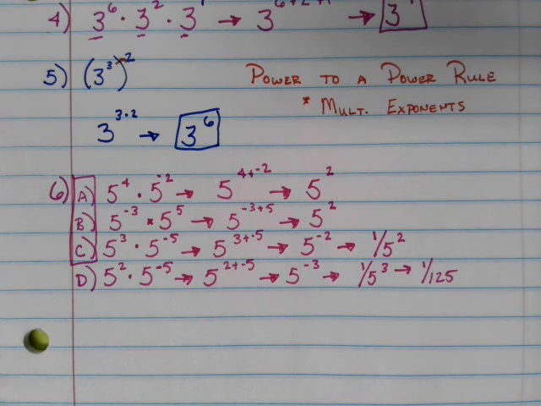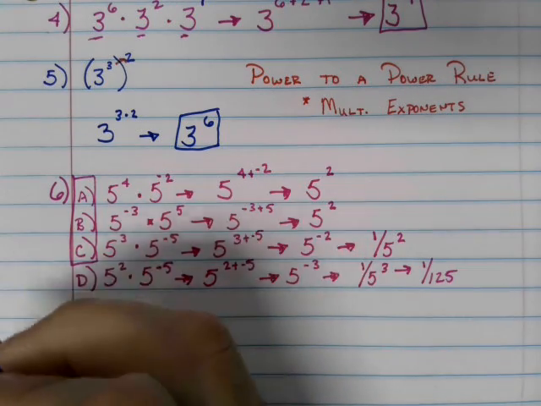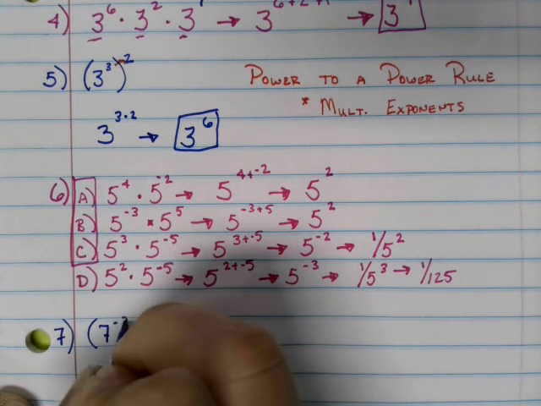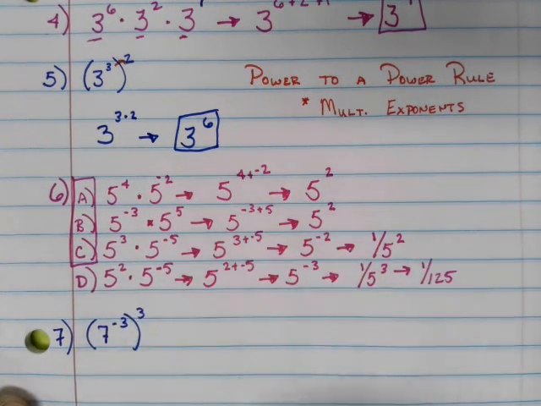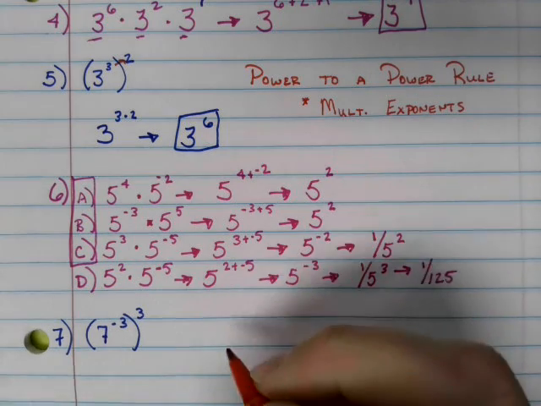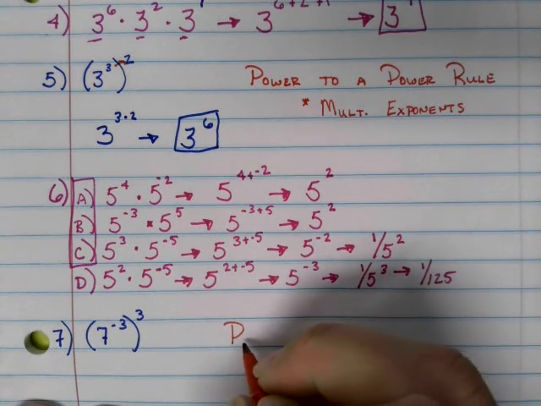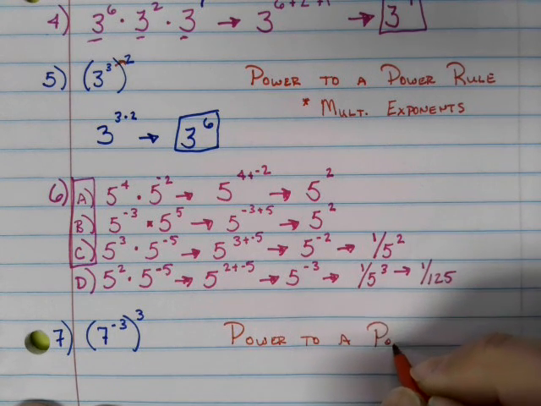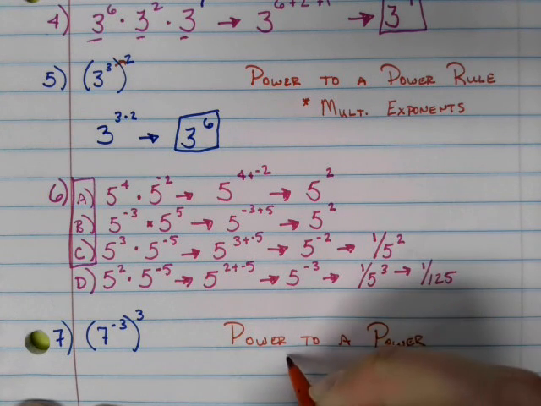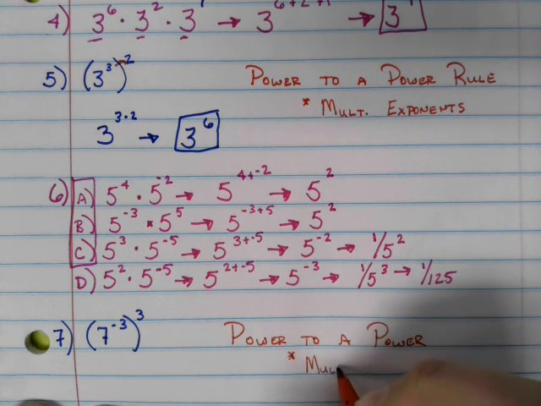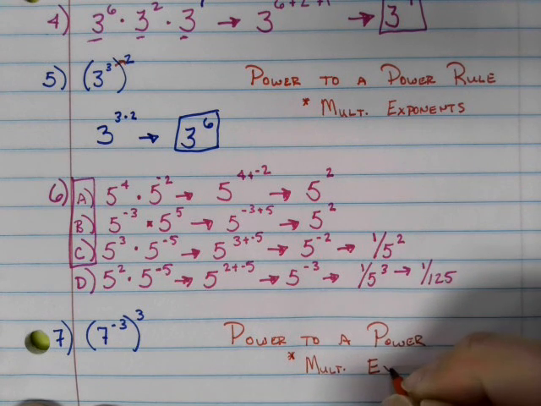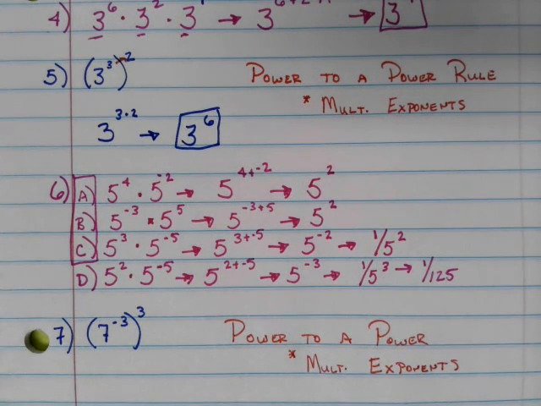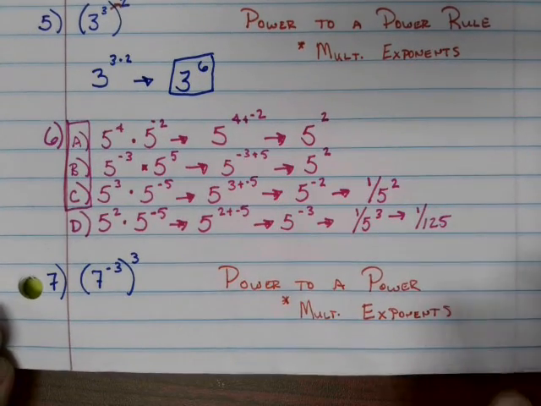All right, 7. 7 is actually asking us which expression is equivalent to, we have 7 to the negative 3 raised to the third power. This is our power to a power rule. Which means we're going to multiply our exponents. So we multiply our exponents here.